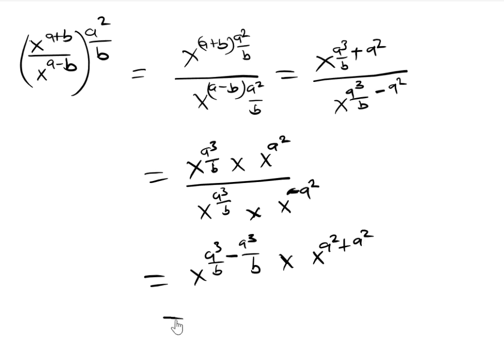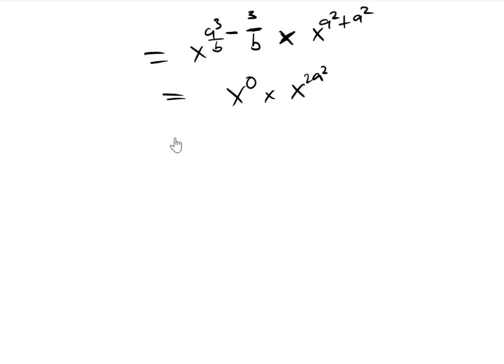This minus this will give me 0, and this will give me x to the power 2a squared. Therefore, x raised to power 0 is 1, multiplied by x raised to power 2a squared. This is equal to x raised to power 2a squared, and this is our left hand side.